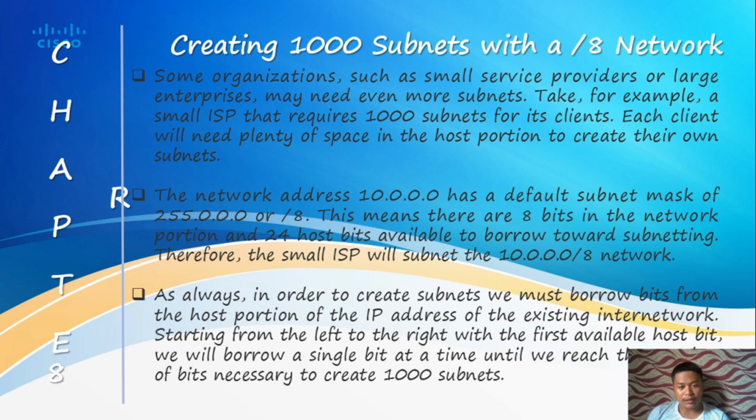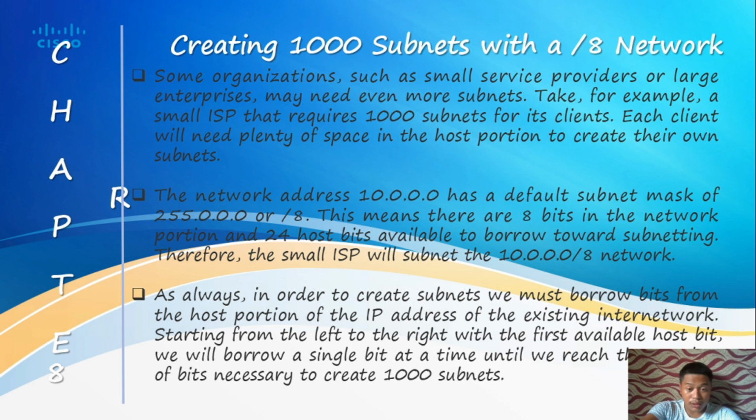The network address 10.0.0.0 has a default subnet mask of 255.0.0.0 or /8. This means there are 8 bits in the network portion and 24 host bits available to borrow toward subnetting. Therefore, the ISP will subnet the 10.0.0.0/8 network.